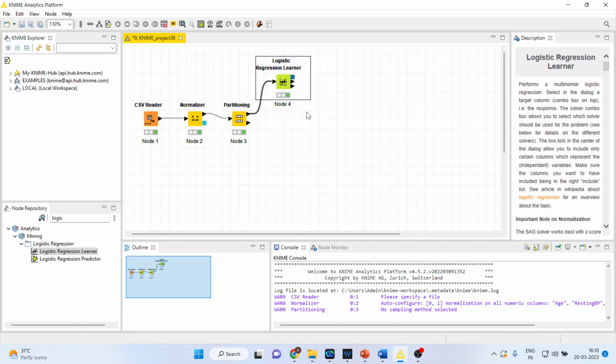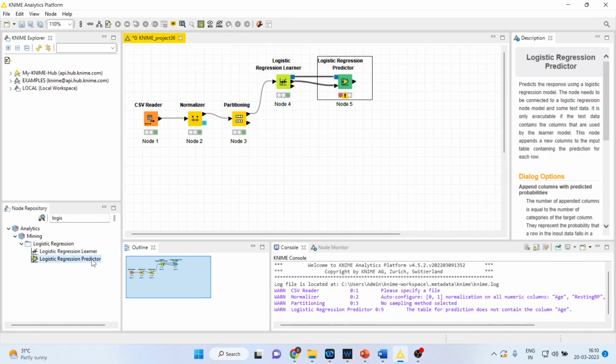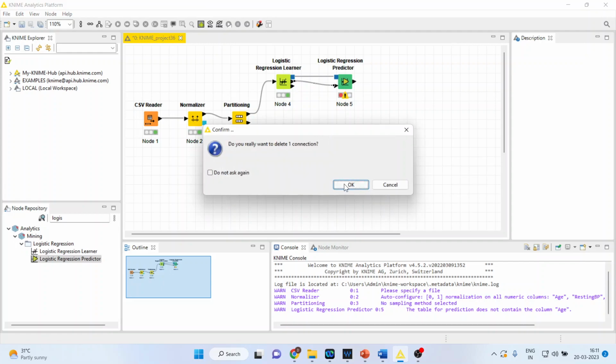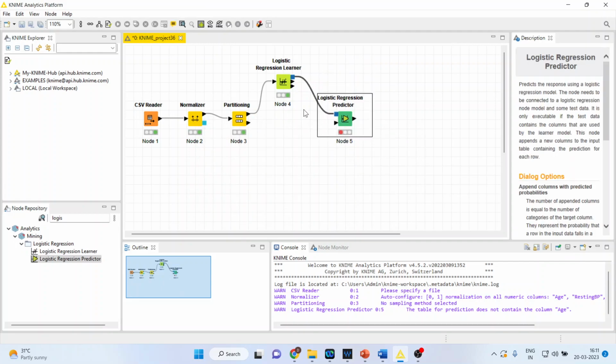Now, on the basis of this learner, I want to do the prediction for the remaining 20% dataset. So I'll activate the logistic regression predictor. I'll disconnect from here. So the model will come from this learner to the predictor, but the dataset, the second partition, which has 20% data, this 20% dataset is never used for the learner purpose.